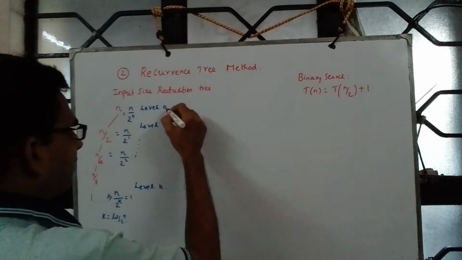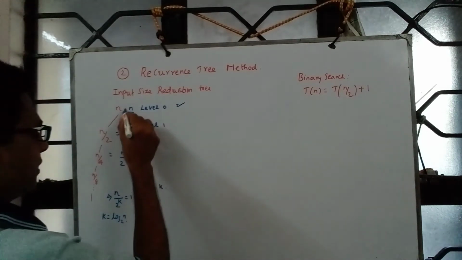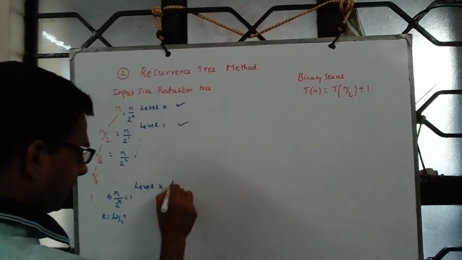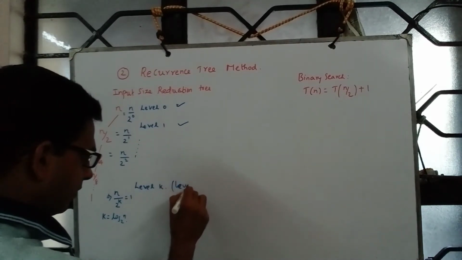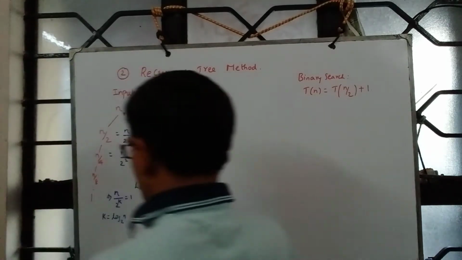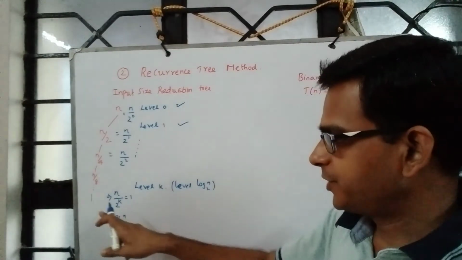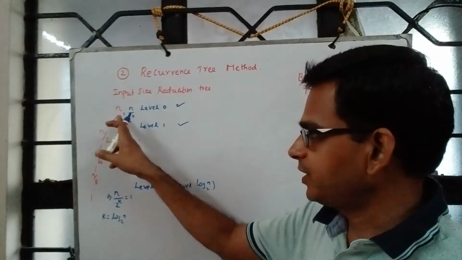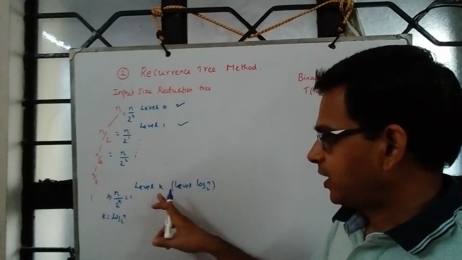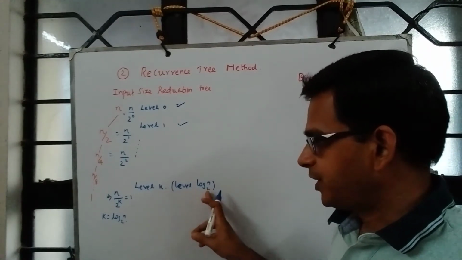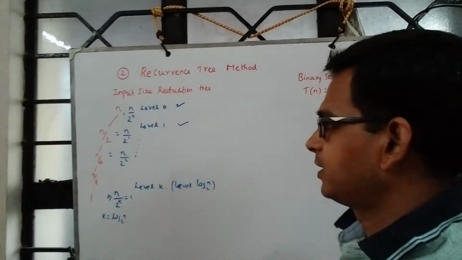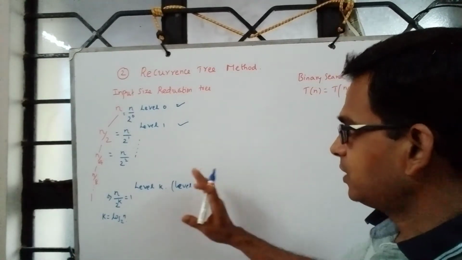Which means at level 0 you work with this problem, at level 1 this is a problem, at level log n base 2 the input size becomes 1. It starts from n, then it becomes n by 2, n by 4 and so on. At level k or at level log n base 2 it becomes 1. Correct?